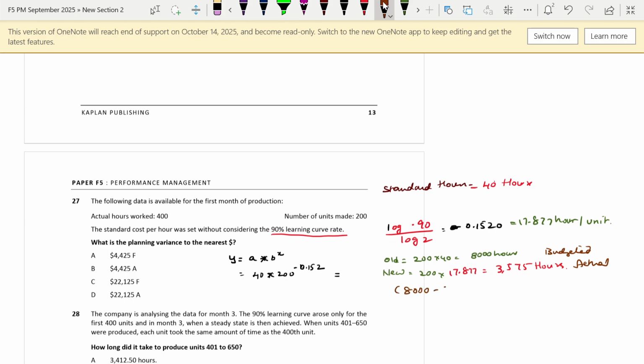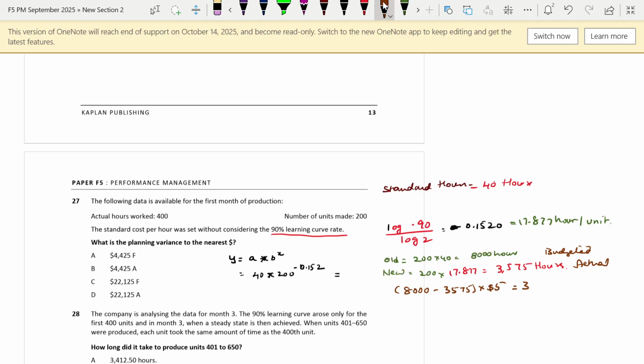8,000 minus 3,575 times the budgeted cost. What is the budgeted cost they gave us? They gave a budgeted cost of $5. It comes to how much? 22,125.